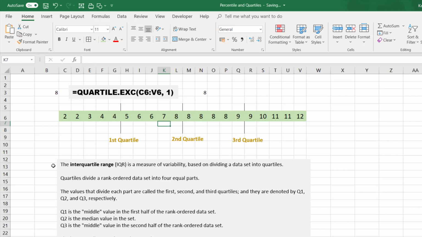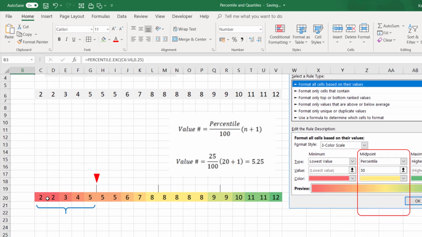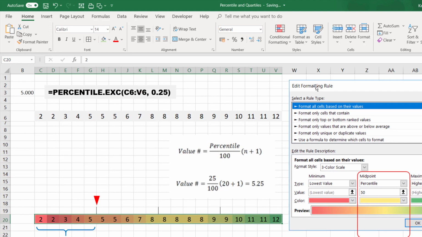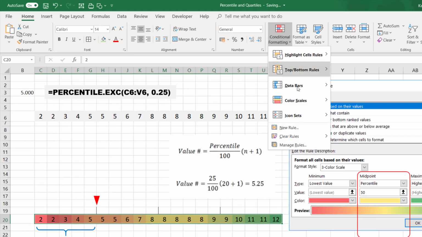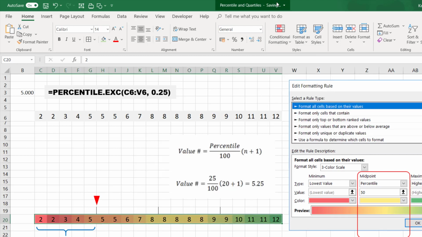So that concludes all these questions for now. What did we learn? Take a look at the percentiles right here. If we go to conditional formatting and use this color scale, it will give you a color scale, but what does it mean?